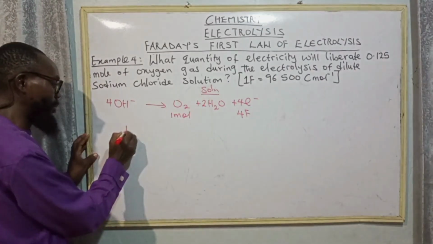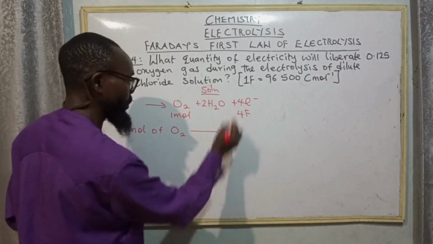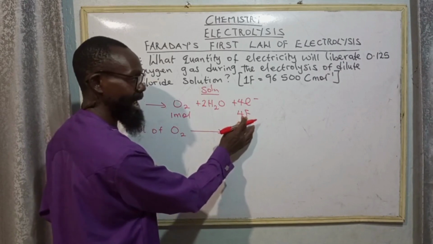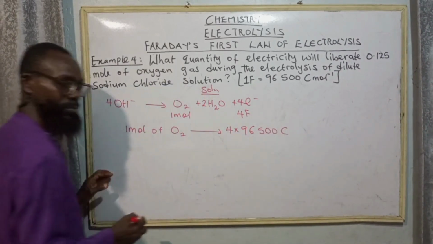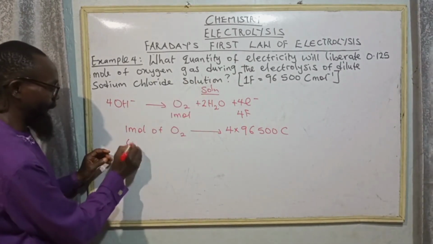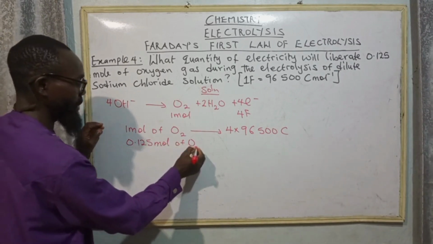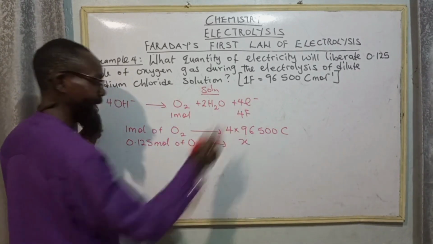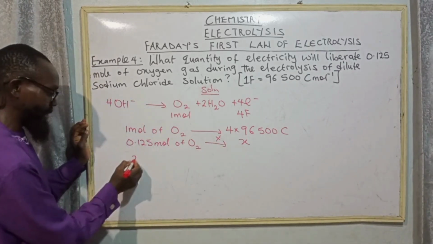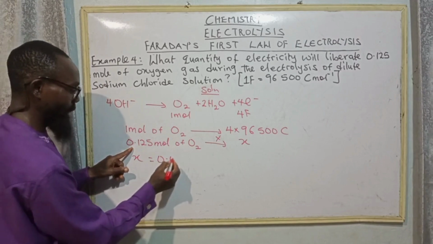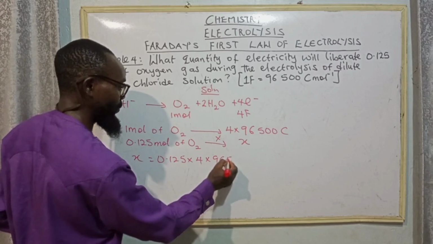We are told that 1 Faraday equals 96500. That is, 1 mole of oxygen gas is going to produce 4 multiplied by 96500. Then 0.125 mole of oxygen given to us will now deposit how much? That is unknown. Let's cross multiply. 1 times x, I have x equals 0.125 multiplied by 4 multiplied by 96500.